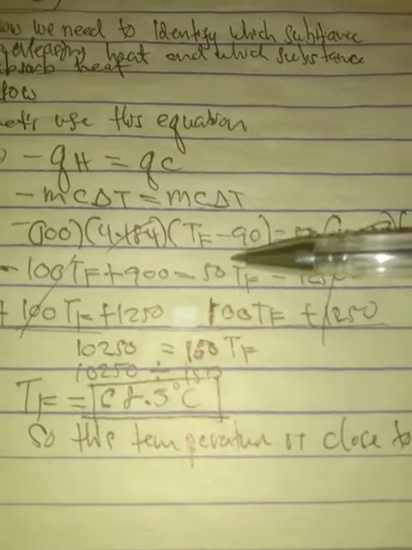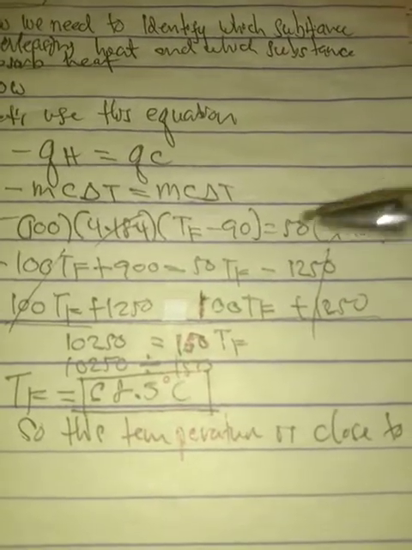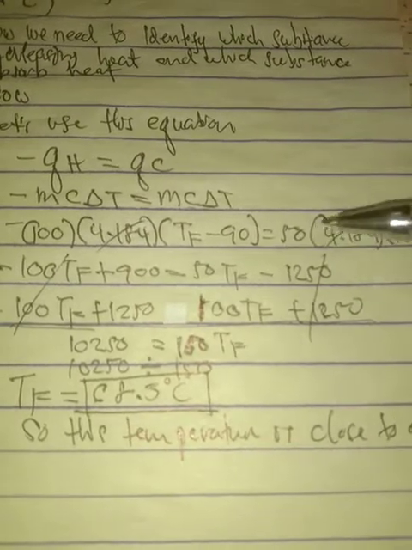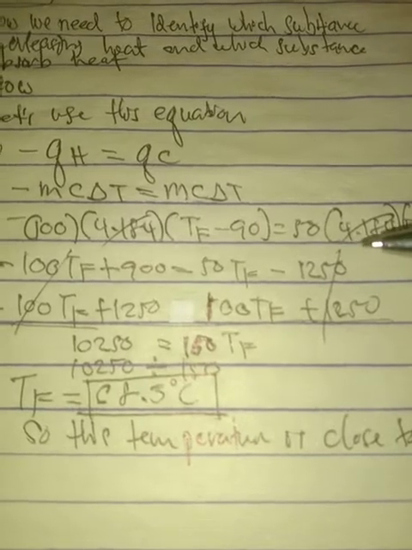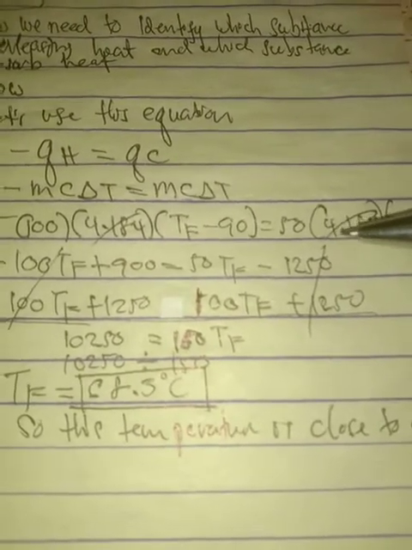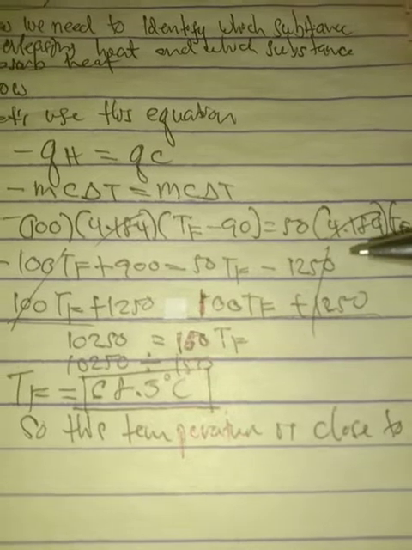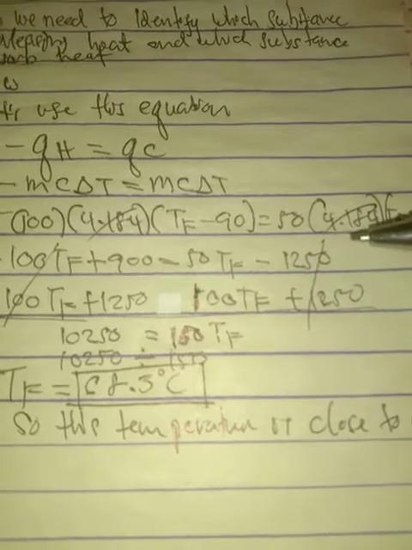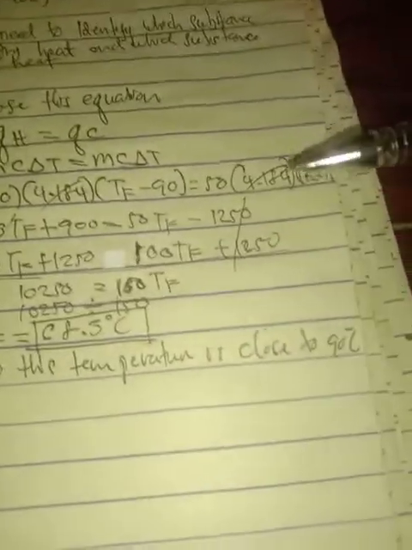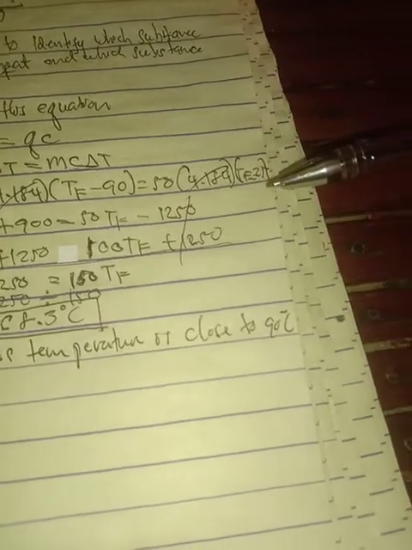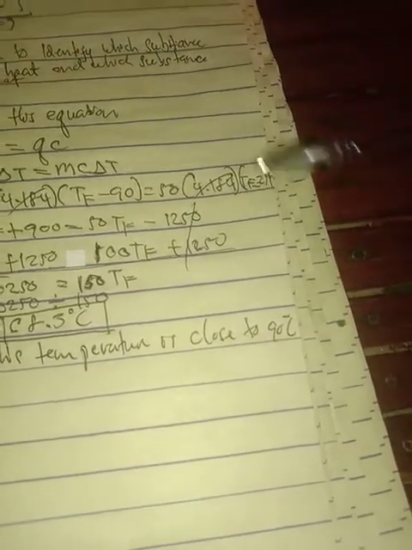This equals 50, then 50 times the value of c equals 4.184, and then the change in temperature, TF minus 25 degrees Celsius here.